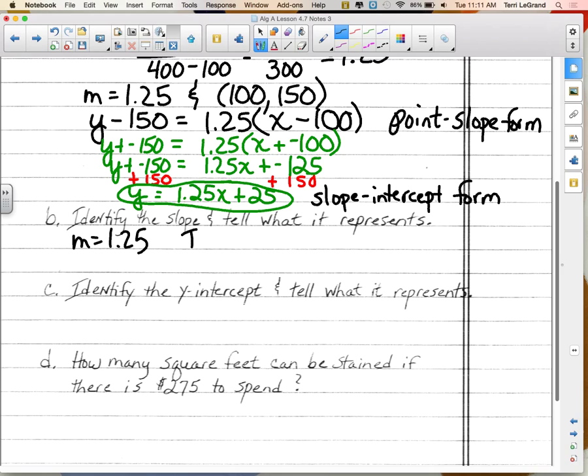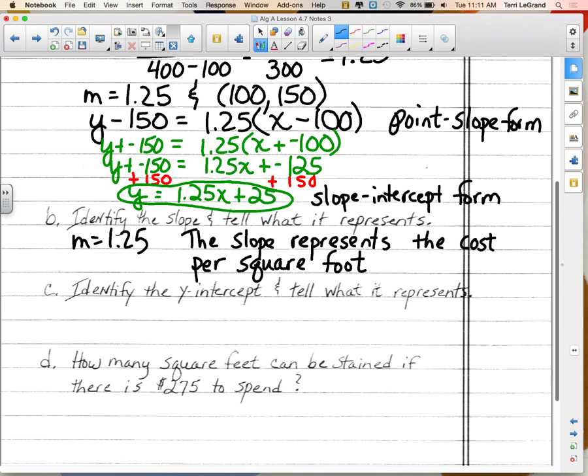So the slope represents the cost per square foot. So for every square foot of area, you're going to pay $1.25.